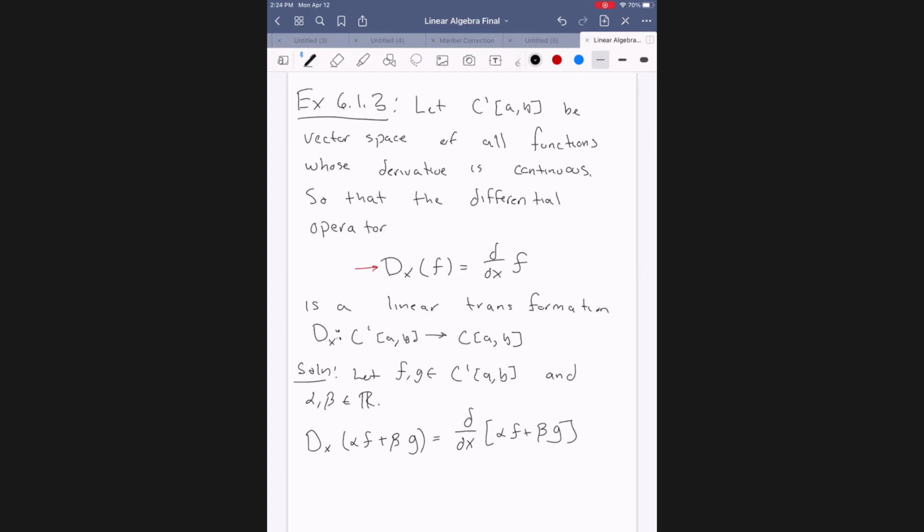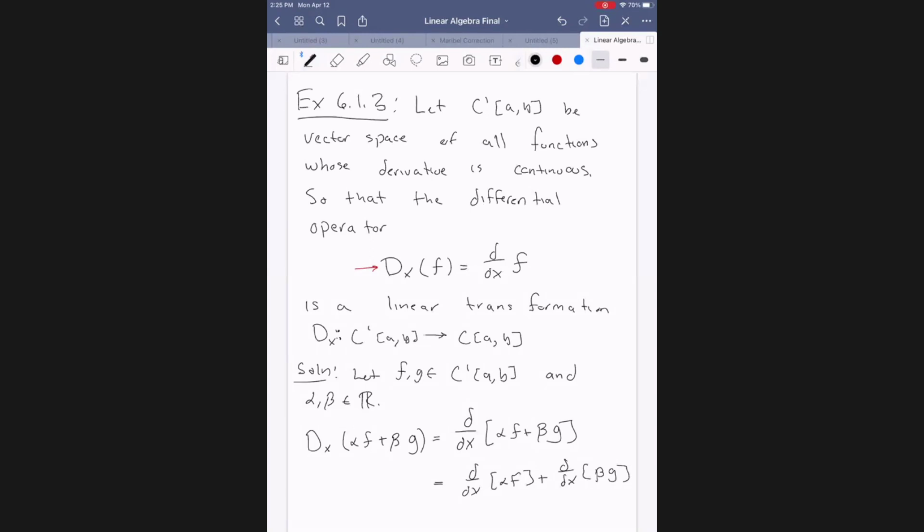What can I do with derivatives over sums? I can just distribute, taking the derivative of each individual one instead. The derivative of alpha f plus the derivative of beta g. What can I do with the scalars? Can I pull them out?